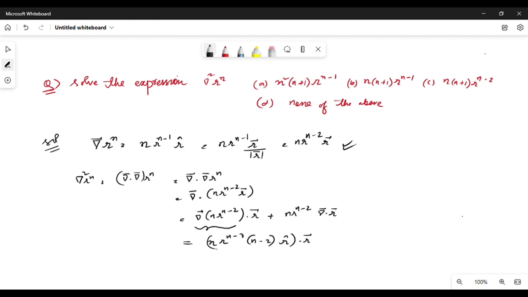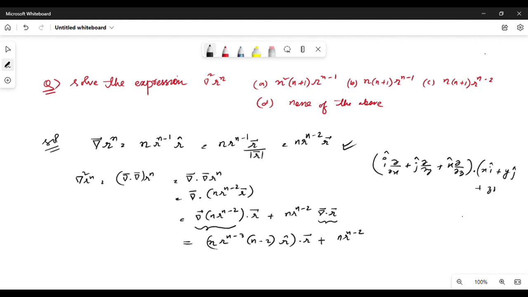Then dot r bar plus n r to the power n minus 2. Now divergence of r. Now you have to know what is divergence of r. Suppose divergence is given by i ∂/∂x plus j ∂/∂y plus k ∂/∂z, right? And if r is any position vector, r would be given by x i cap plus y j cap, right, plus z k cap, right?